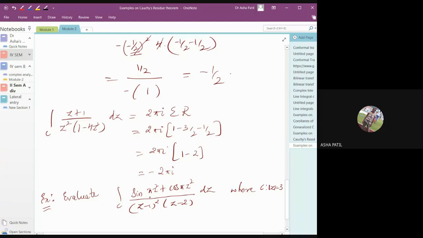This example has been asked many times in the question paper, VTU question paper.